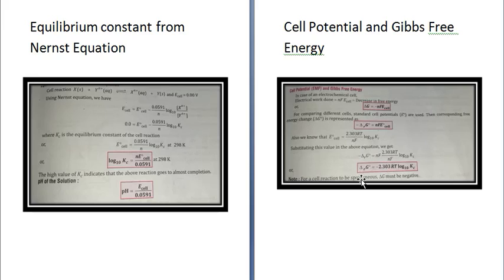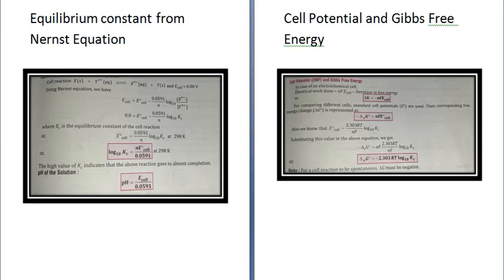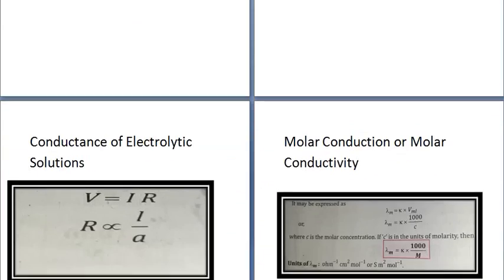So you will get delta G0 is equal to minus 2.303 RT log10 Kc. Alright, for a cell reaction to be spontaneous, delta G must be negative. It must have a negative value, then only this reaction will take place spontaneously.